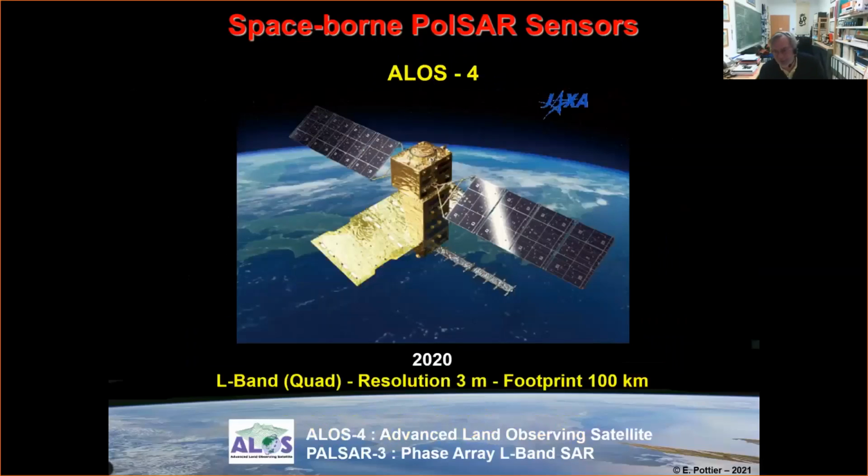And in the near future, we shall have the new generation of the Japanese system, which will be ALOS-4, with a higher resolution and increased footprint, a very, very important footprint. So we are all waiting for this new system.